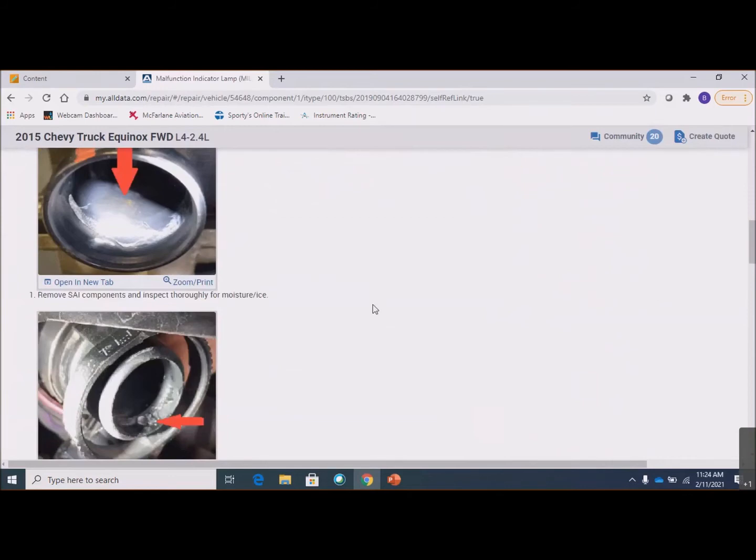This vehicle had the problem in, right now it's in the teens or maybe single digits. It's cold enough that this could have been the problem, so very believable. However, we did not notice any ice buildup or any particularly high level of moisture in these plastic tubes.